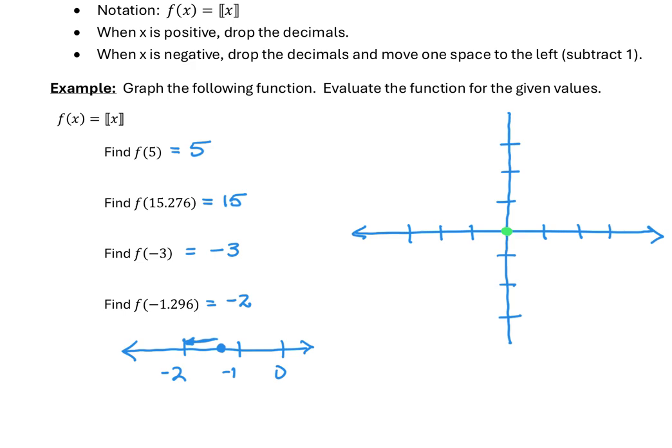Basically all the numbers that are greater than or equal to 0, up to and not including 1, are going to round down to 0. Once we get to 1, we need to move up. The greatest integer less than or equal to 1 is 1, and so we have a closed circle at 1. All of the numbers between 1 included and strictly less than 2 round down to 1.